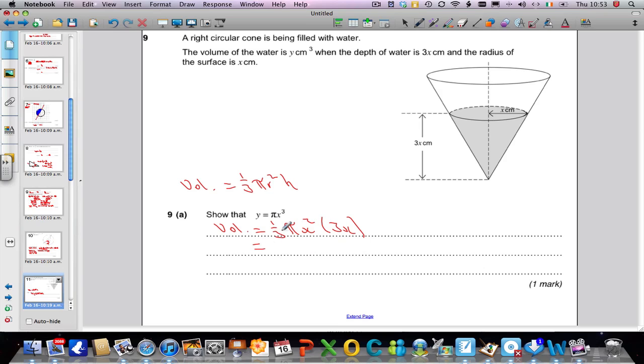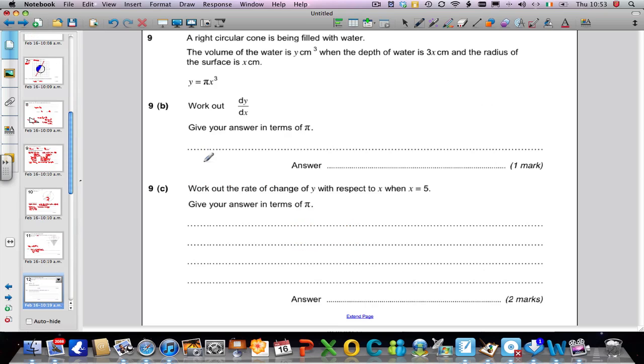Okay, well, 1/3 times 3 gives you 1, and x squared times x is x cubed. So that means the volume equals pi x cubed. And the volume, we're told, is y. So y equals pi x cubed, a nice easy mark.